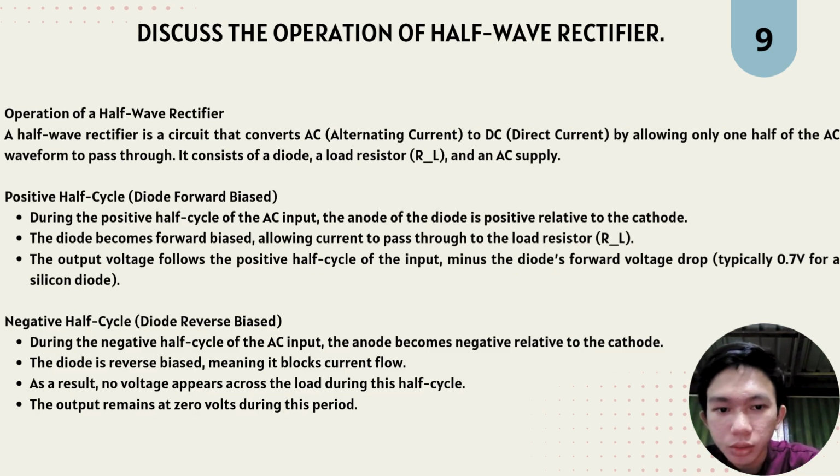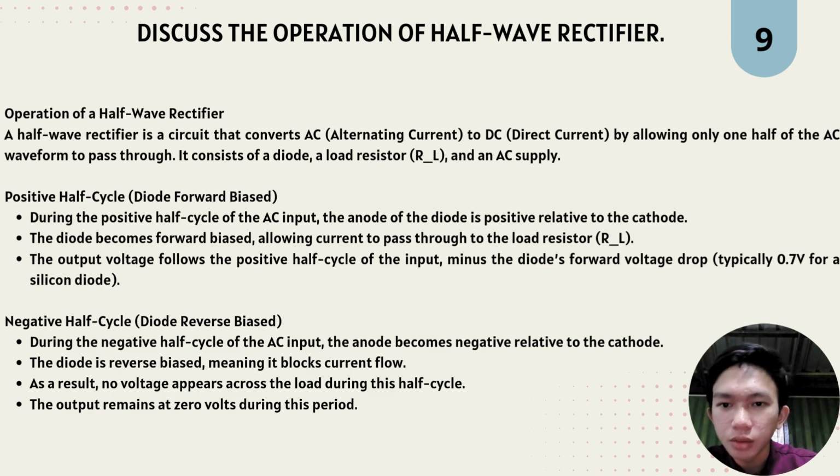So for question 4, discuss the operation of half wave rectifier. A half wave rectifier is a circuit that converts AC, alternating current, to DC, direct current, by allowing only one half of the AC waveform to pass through. It consists of a diode, a load resistor RL, and an AC supply.